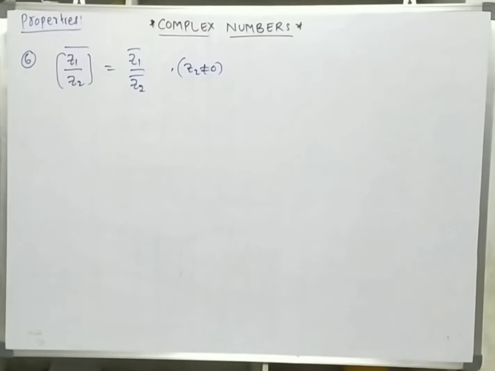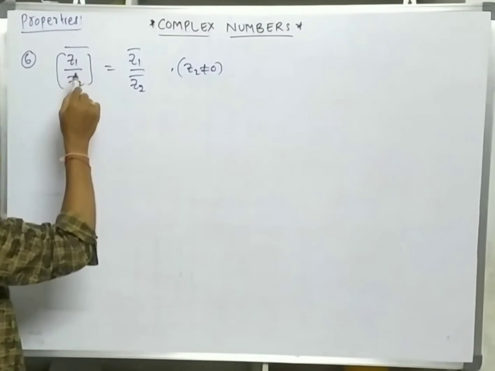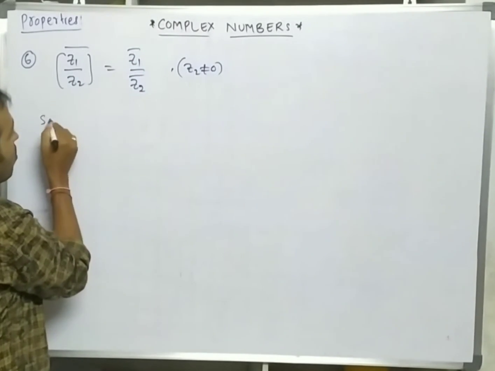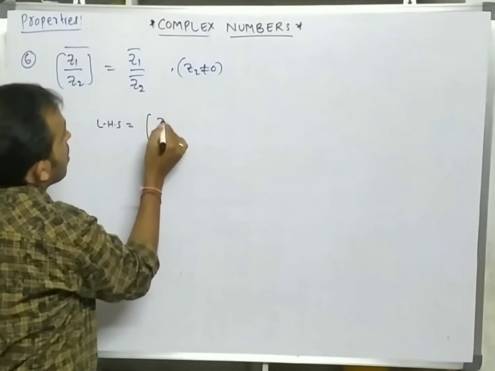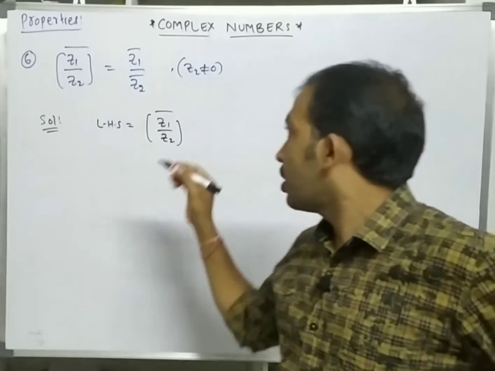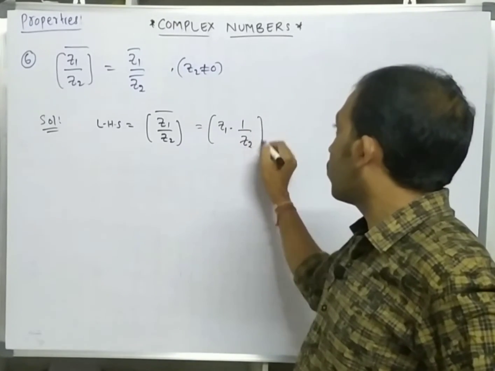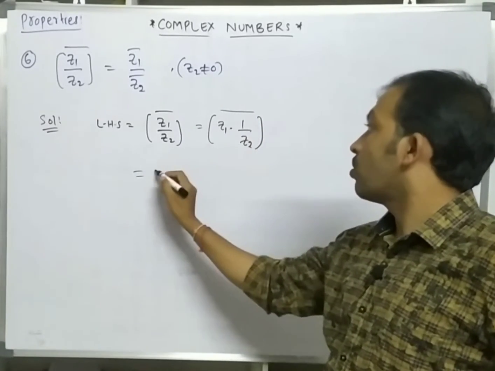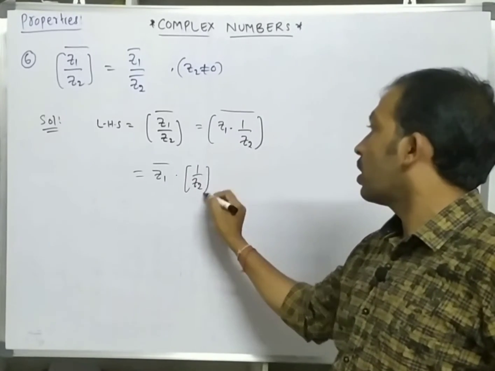Next, sixth property: conjugate of z1 by z2 is equal to conjugate of z1 by conjugate of z2. So take the left hand side part, conjugate of z1 by z2, which can be written as z1 into 1 by z2 whole conjugate. So this is of the form z1 into z2, so we can apply conjugate to both individually.